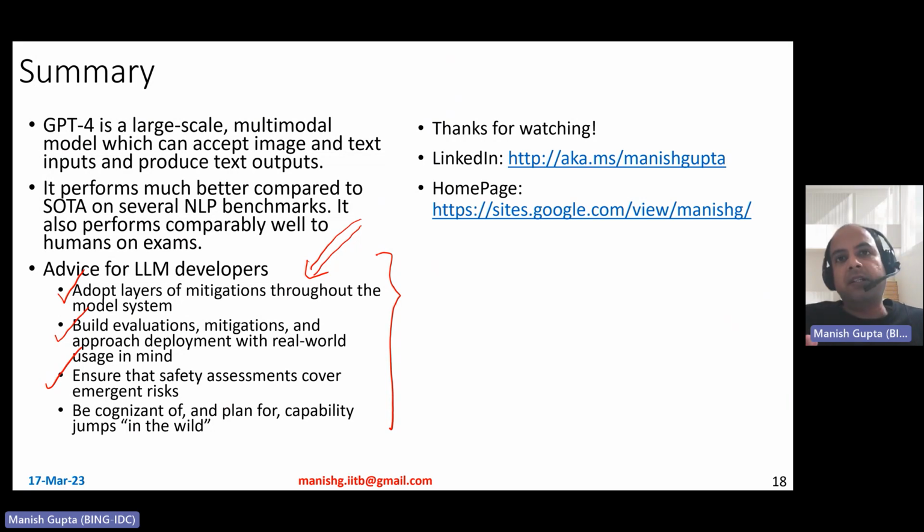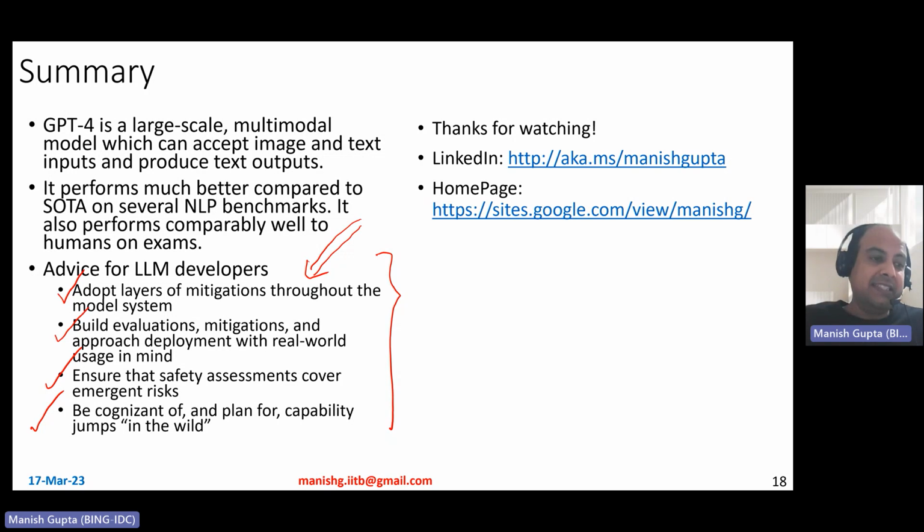Or is the model trying to connect with systems in an illegal way? Or can it plan and have capability jumps in the wild? Can it fine-tune based on some data set which is available in some part of the web, and therefore start connecting with other systems so as to have communication with them, right? So these are all safety concerns which large language model developers should keep in mind.